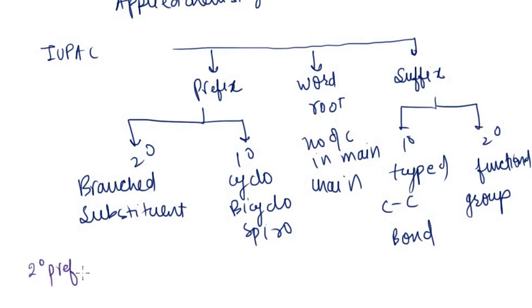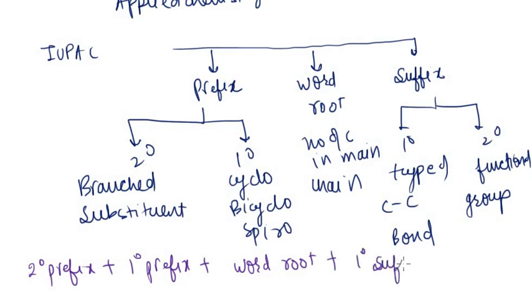Then it should be the 1 degree prefix. Then the word root. Then the 1 degree suffix. Then the 2 degree suffix. Okay. So that's how we overall define the name of an organic compound.